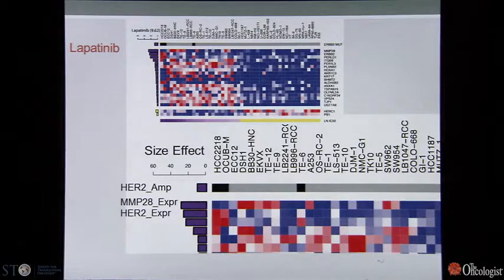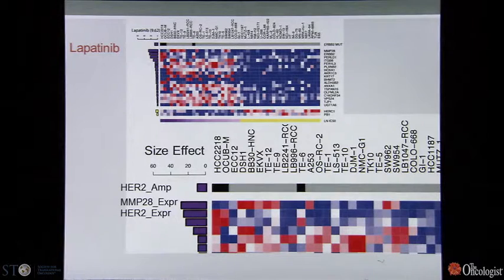So this is an example of the drug lapatinib, an HER2 inhibitor that inhibits also other kinases, and showing you that certainly HER2 amplification is important for response. HER2 amplification is designated by these black squares. And then you have others, such as HER2 expression or MMP28 expression, a metalloprotease expression, at the RNA level, that are strongly correlated with sensitivity.